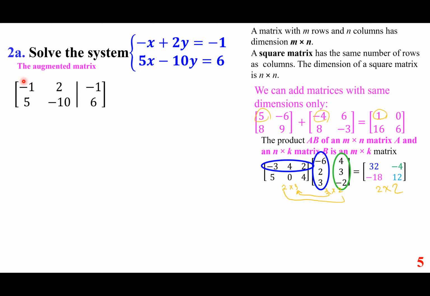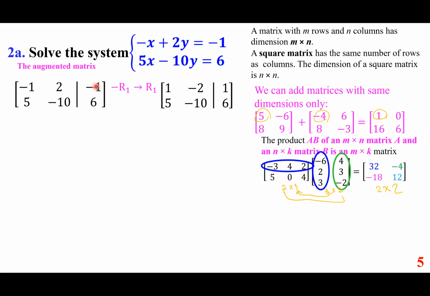For example, in this row, in order to change this negative 1, we can multiply this one by -1. So we're going to multiply the whole row by -1. And the notation is that minus row 1 goes to row 1. So multiply this one by negative. This becomes +1, -2, +1. That's the first one.